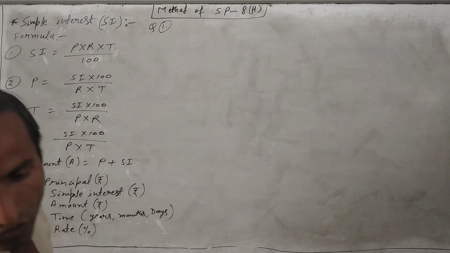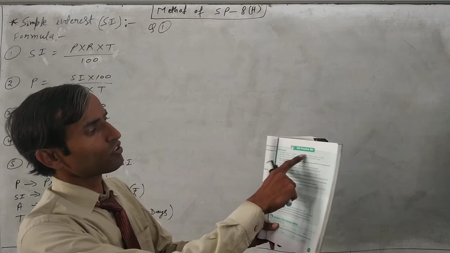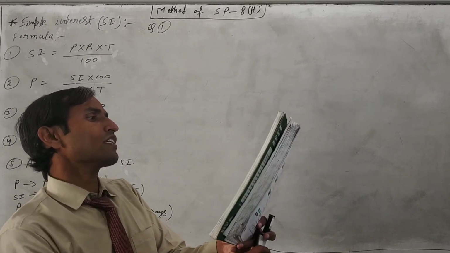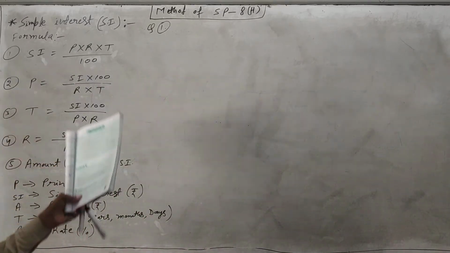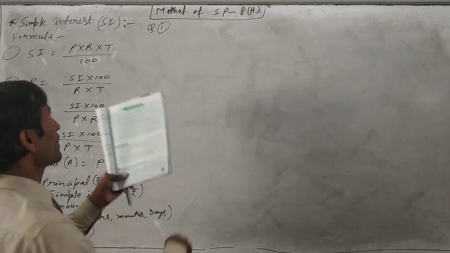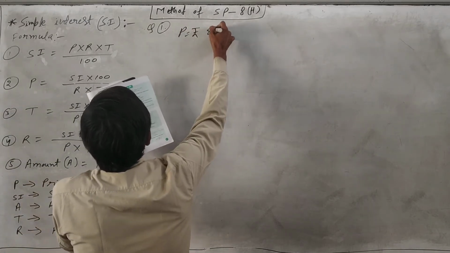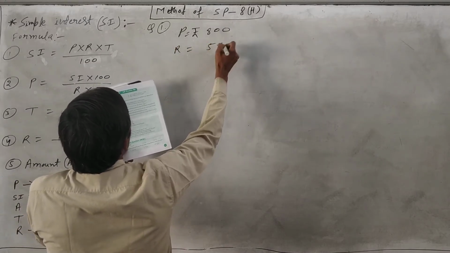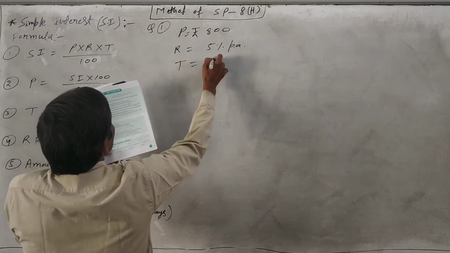Now we have to apply the formula. The remaining questions are given. First question, find each missing value. I means interest only, simple interest. P is given as rupees 800, rate is 5% per annum, PA means per annum, and time is 2 years.